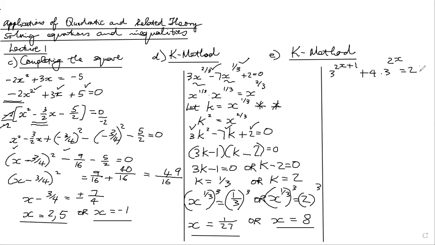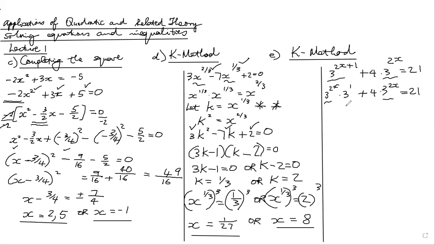So once again, notice that your 3 raised to 2x seems to be the common factor here, talking about which perhaps one could have used factorization immediately, but for simplifying it, when you're initially learning mathematics, you'd want to maybe use a substitution, which we're calling the K method. So let's split the base here. So this will be 3 raised to 2x times 3 raised to 1 plus 4 times 3 raised to 2x equals 21. And notice the 3 raised to 2x quite prominent as a common factor.